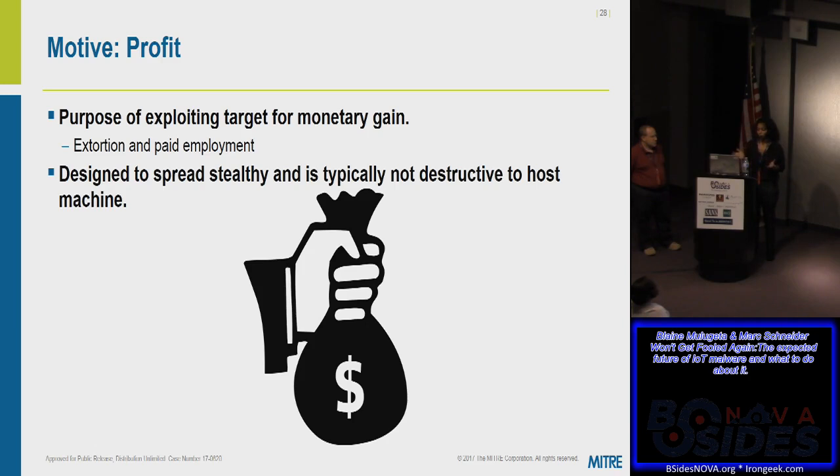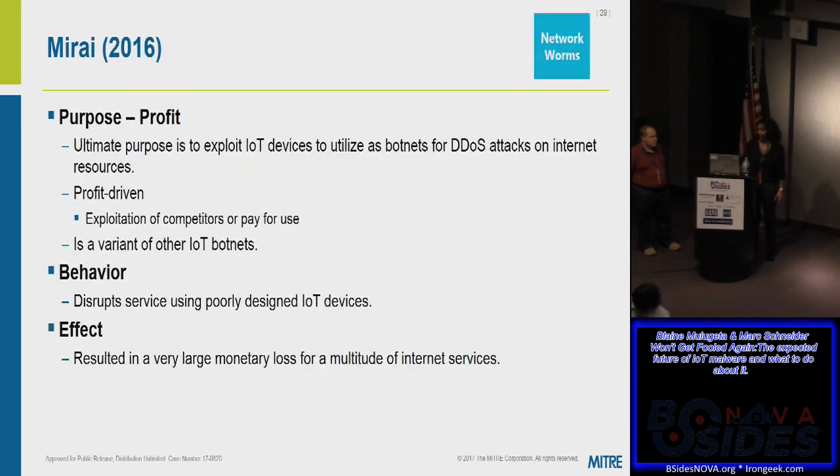Typically these are designed to be stealthy and not cause destruction on their host machine, unless that was the purpose or unless it got to that point. So say if you didn't pay the ransom for your ransomware, you would lose your data.